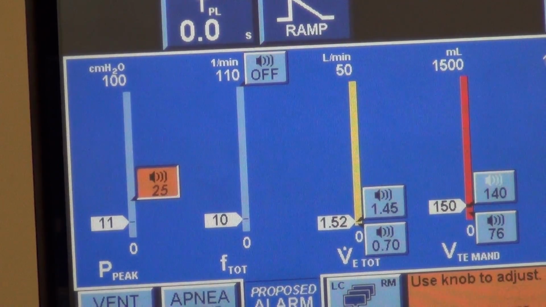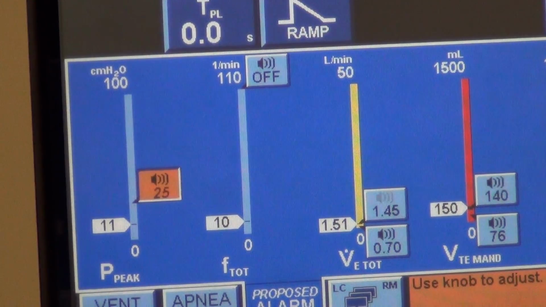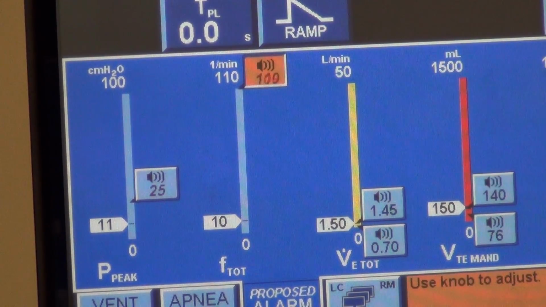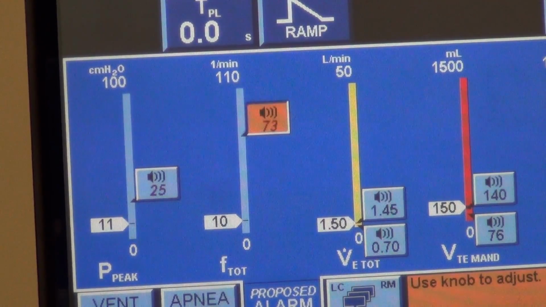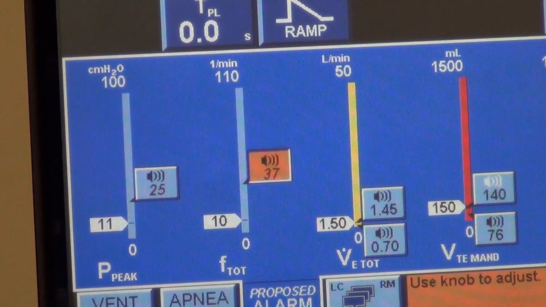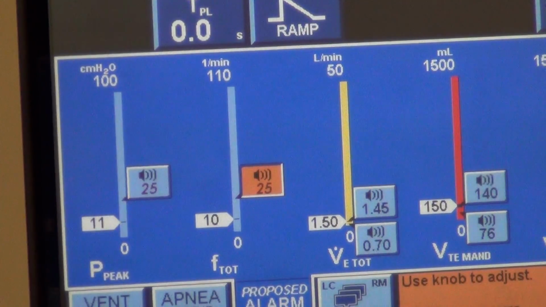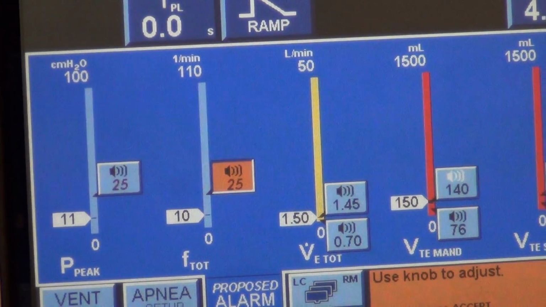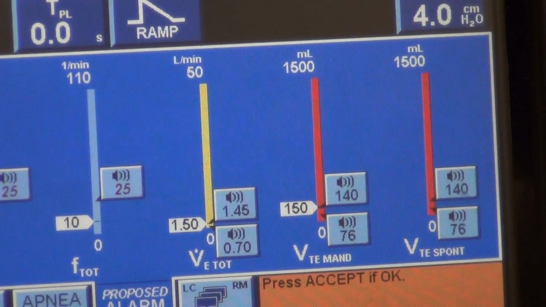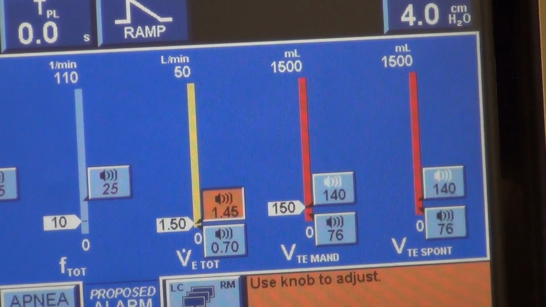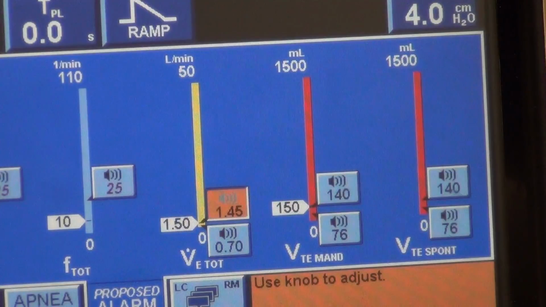All right, our measured respiratory rate is 10. Where do we set our alarm for that? Okay. Now here's where our problem is. It's the minute ventilation alarm. So let's make an adjustment in that. Our measured minute ventilation is 1.5. So 2 and 4 can apply for that.